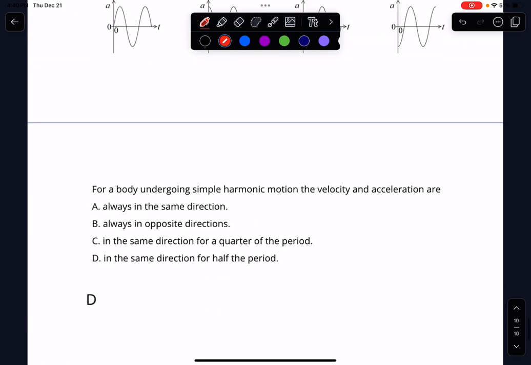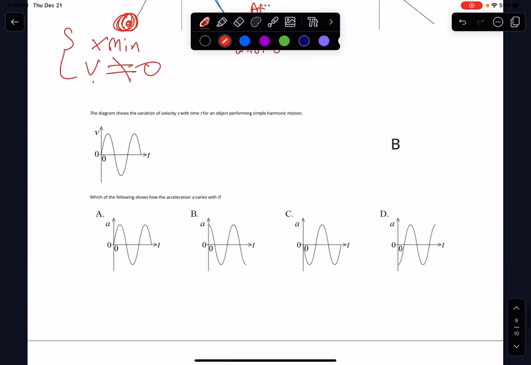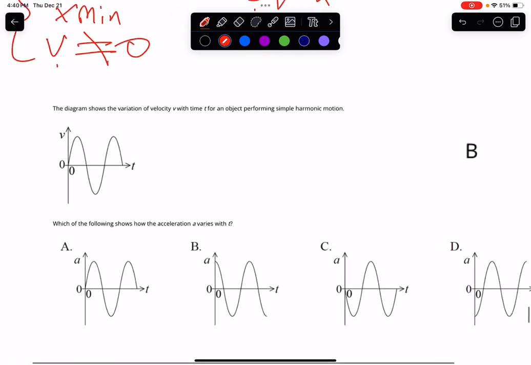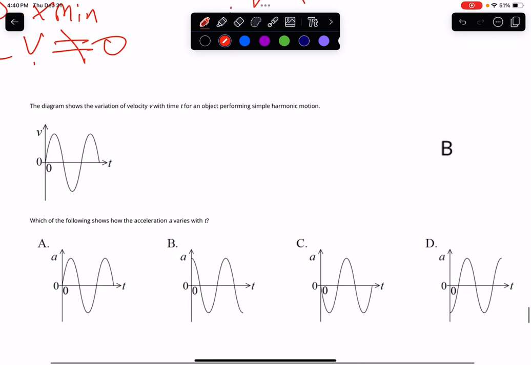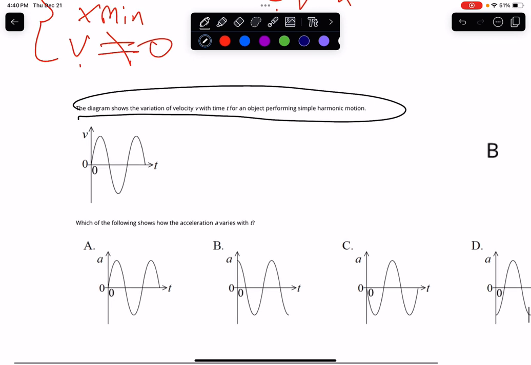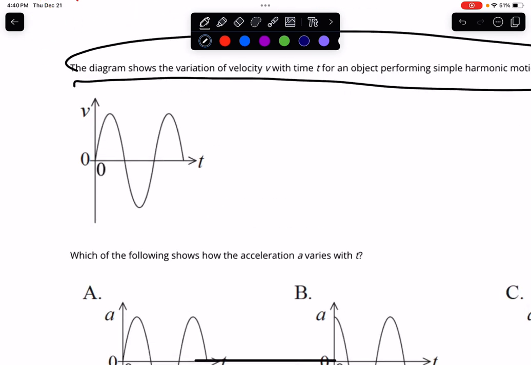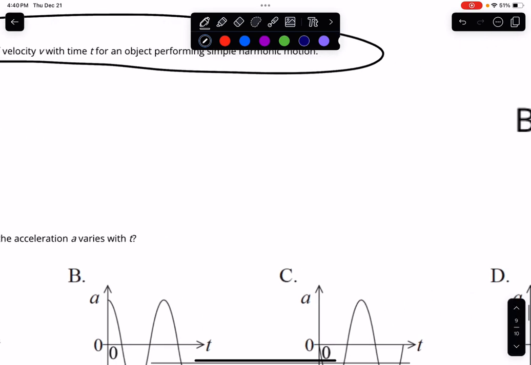Okay. Now let's look at question 14. In question 14, the diagram shows the variation of velocity v with time t for an object performing simple harmonic motion. So this shows the variation of velocity with time, as we see over here.